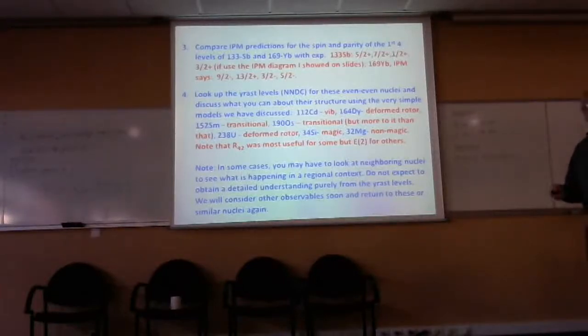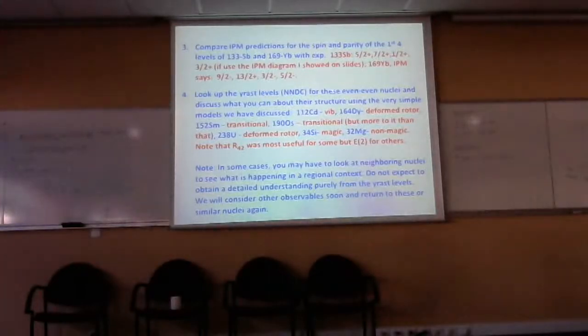Some of you knew about other things and tried to fold that in, which is fine, but I wanted you to sort of take you step by step. So for cadmium-112, if you look at the 4:2 energy ratio, it's about 2.3. And so most of you correctly said, well, it's close to a vibrator, but not quite. The vibrator, if you remember, has 2.0.